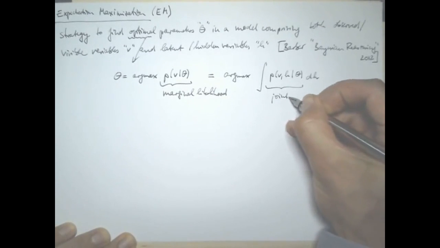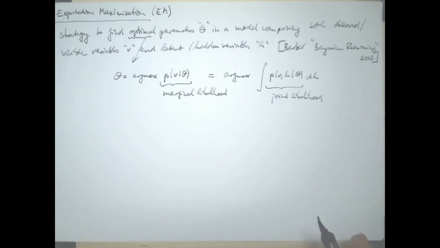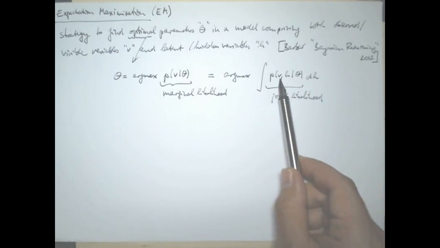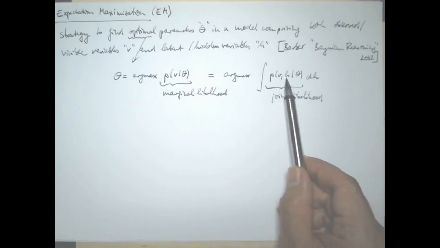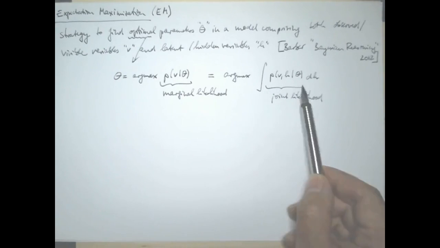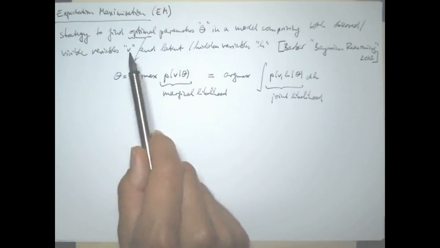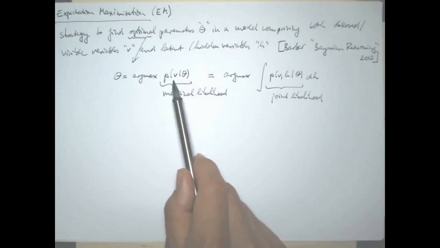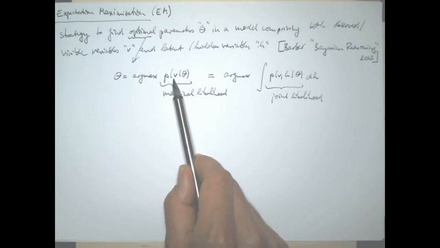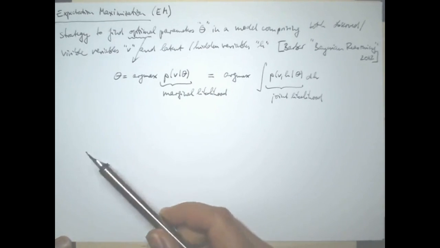So this would be the joint likelihood of a single observation where the visible variable takes this value and the hidden variable takes that value given the parameters theta. And now by integrating out my hidden variable, I end up with the marginal likelihood. And since only the variables V are observable and the hidden ones are not, the optimal parameter is then going to be the one that maximizes this marginal likelihood.